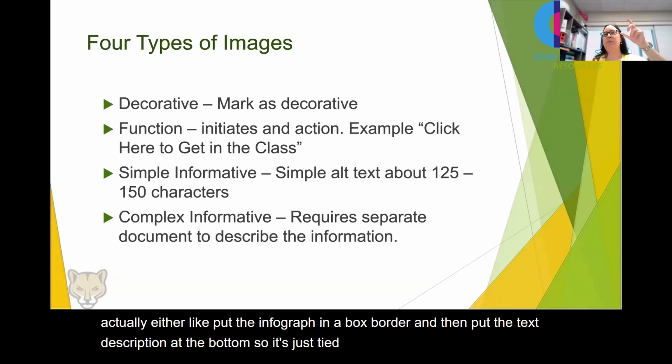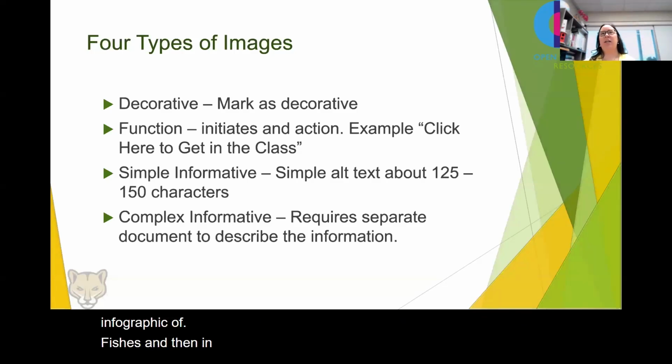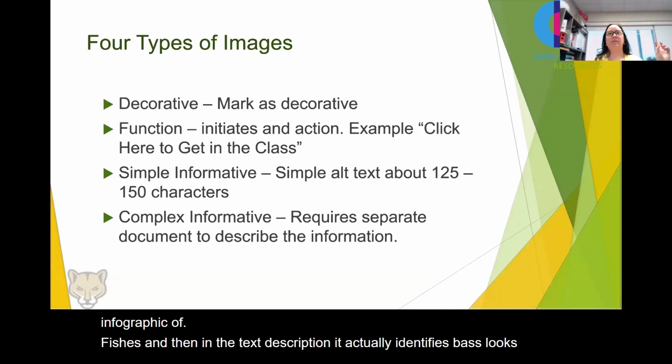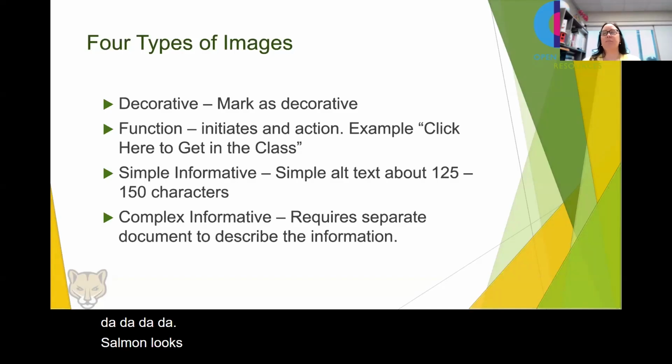So then the alt text would be infographic of fishes. And then in the text description, it actually identifies bass looks like this, salmon looks like this. That's one way to do it.